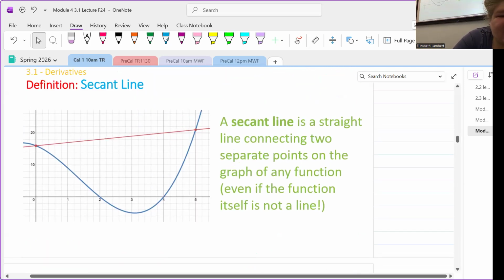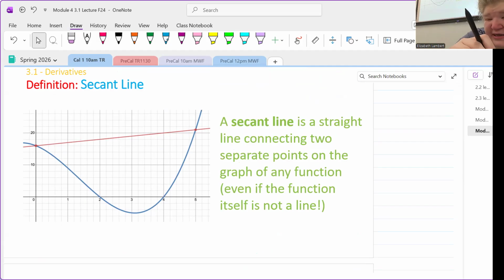So I just pick any 2 points, I can connect them with a secant line. And if I had this working in Desmos, I could drag that secant point and move it around and the line would move with it. So the secant line can do all sorts of crazy stuff.